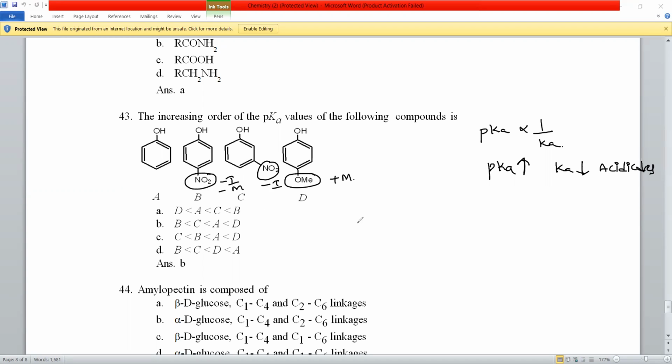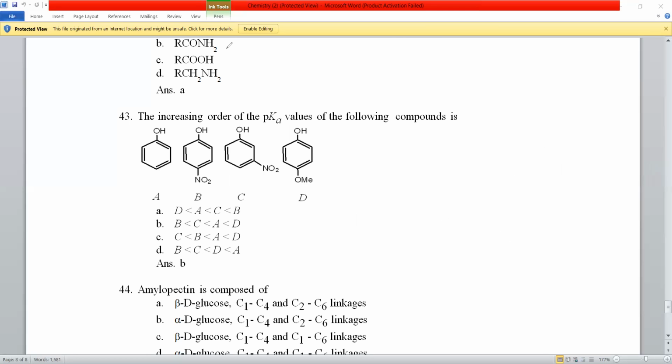So B is the most acidic, then C, then A, then D. This is the acidic nature order, nothing but Ka values, the Ka increasing order. They're asking about pKa, which is inversely proportional, right? So the pKa order is B less than C, then A, and then D. Check where it is in the options: D, A, C, B. So option B is the correct answer.